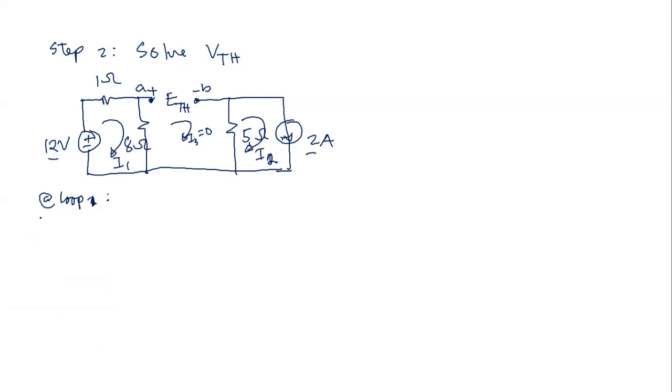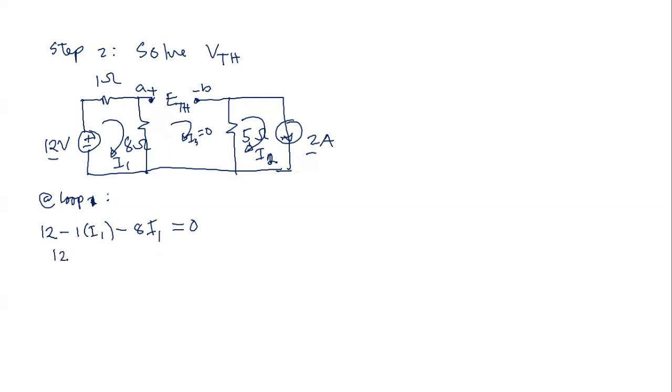So by following the direction of the current I1, we have 12 minus 1 times I1 minus 8 times I1. And since there is no current flowing in this loop, I3 is 0, so we just have to equate it to 0.